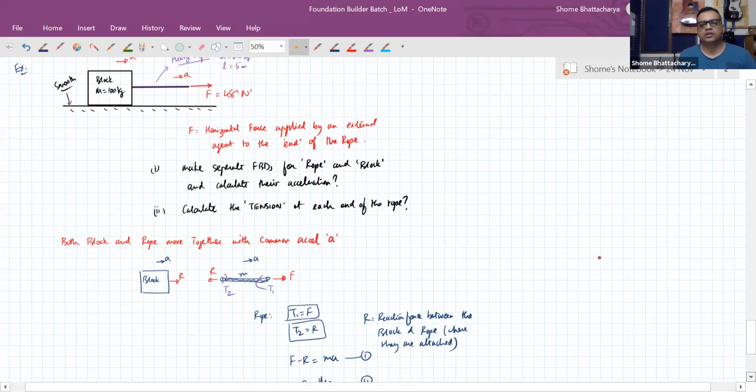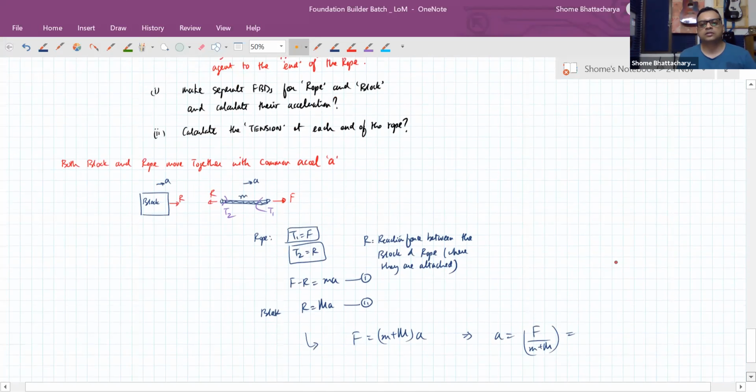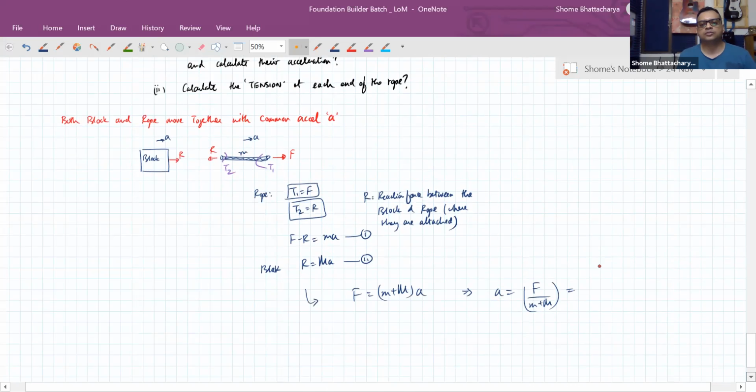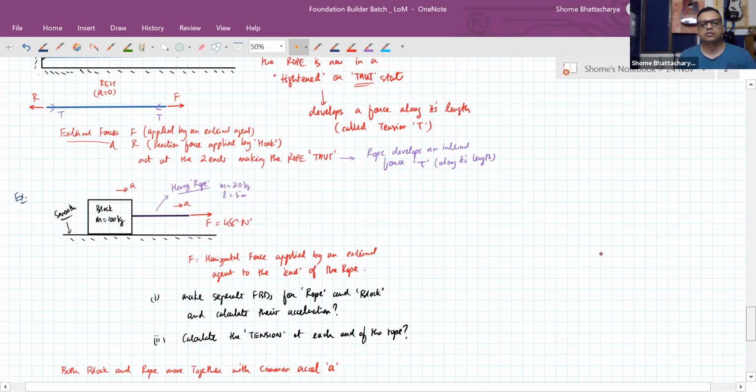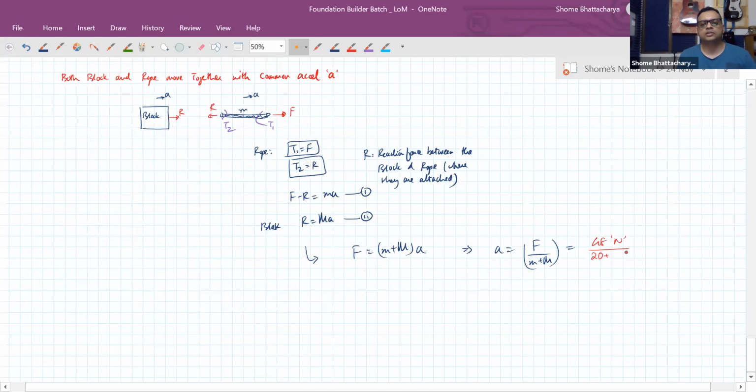So this becomes 48 newtons divided by the mass of the rope, which was 20 kilograms, plus the block, which was 100 kg. So 0.4 meters per second square is the acceleration.